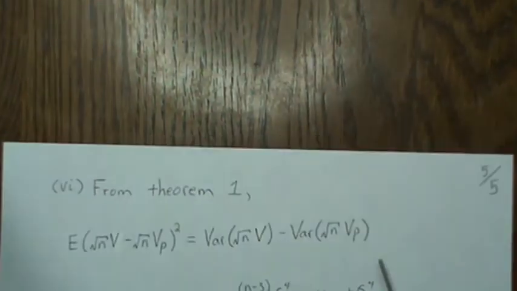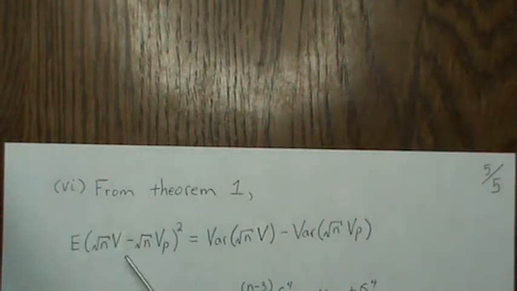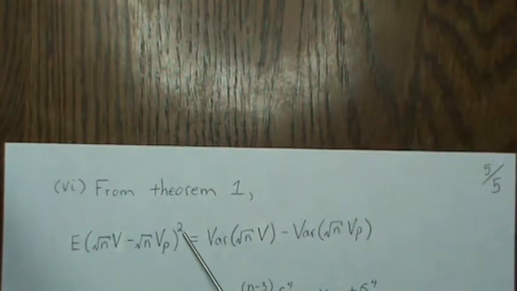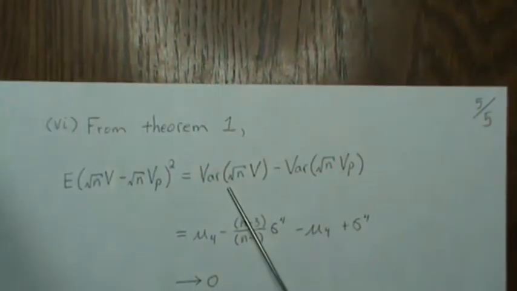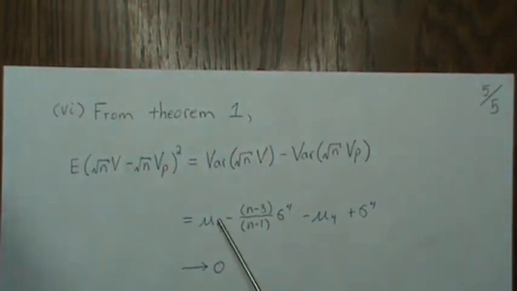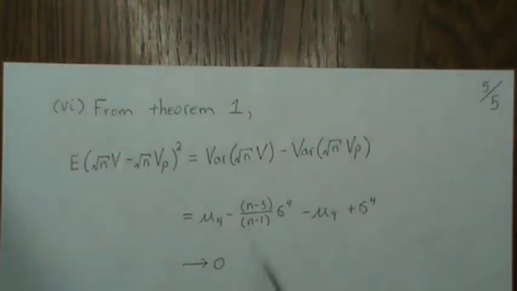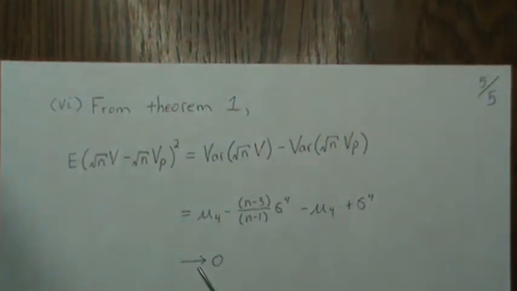So then from theorem 1, we know that this expected squared difference is the difference of the variances. So we plug in the values that we just got, and then the mu's cancel, and asymptotically this quantity goes to 1. So we have minus sigma the fourth plus sigma the fourth, so it goes to 0.